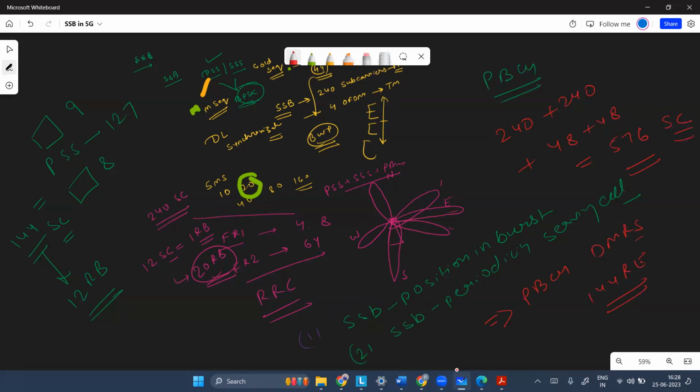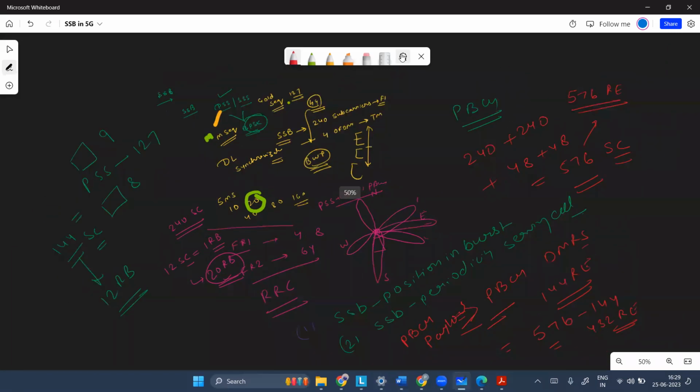This 576 subcarriers, I can also say 576 REs, because only one OFDM symbol was there. So PBCH payload would be 576 minus 144, which comes to 432 REs. This is your interview question: what is your PBCH payload? You can remember it as 432 REs, but you should know how to calculate this. Just don't become a robot, okay?